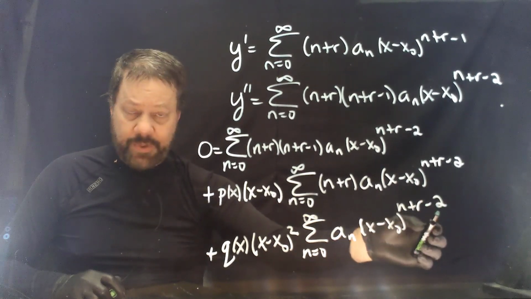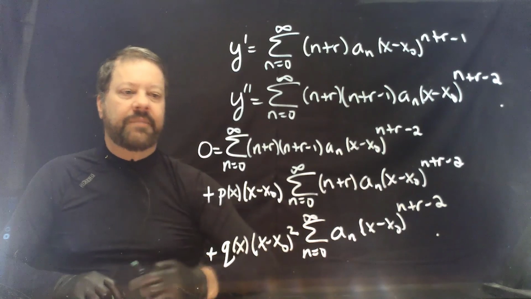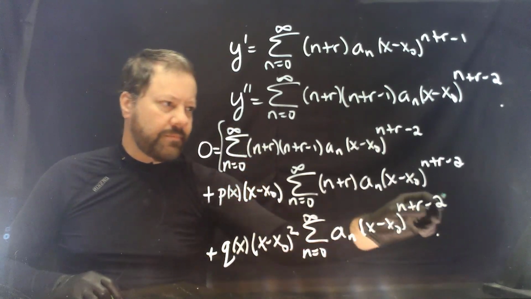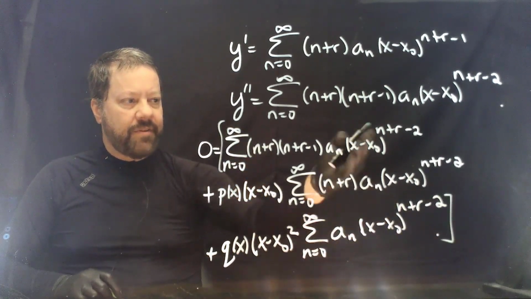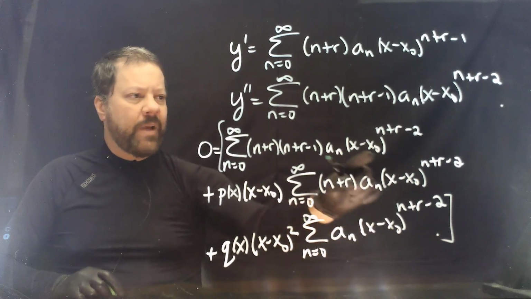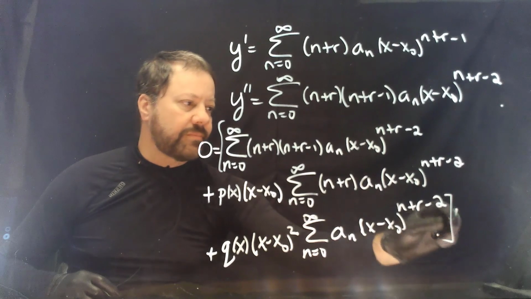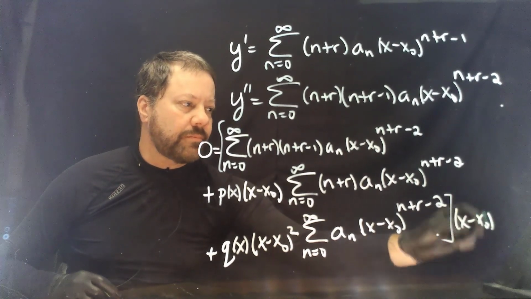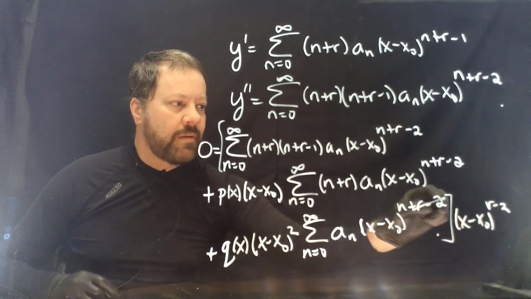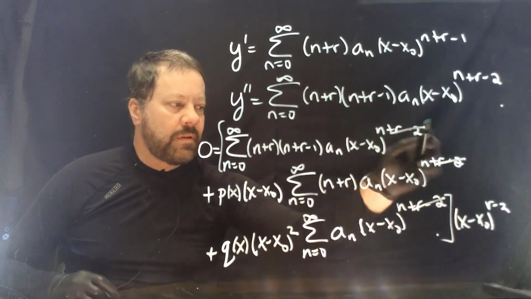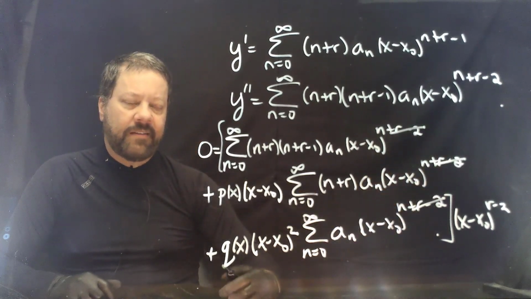And so I'll have to subtract the 2 from here. On each of these three terms, we have this factor of (x minus x naught) to the power of r minus 2, which I'll factor out of the whole thing.